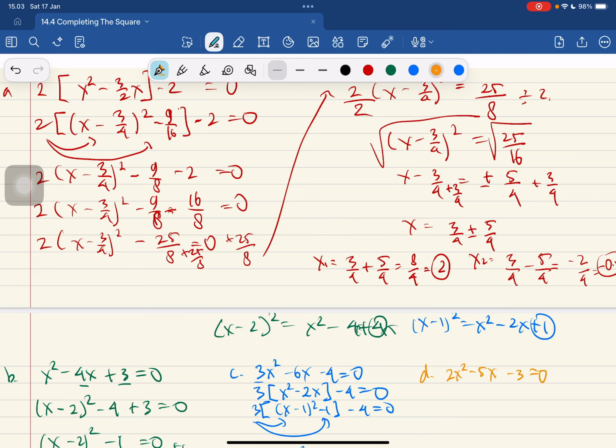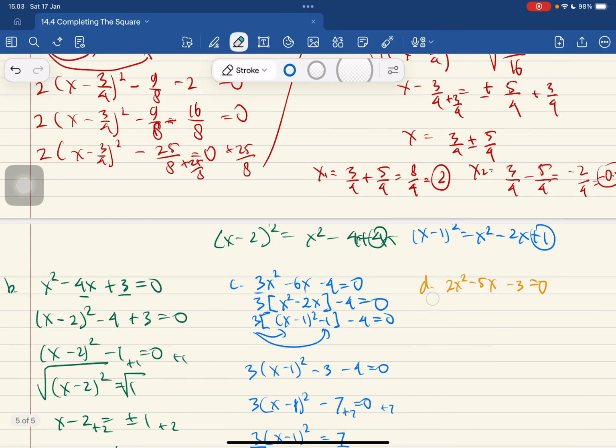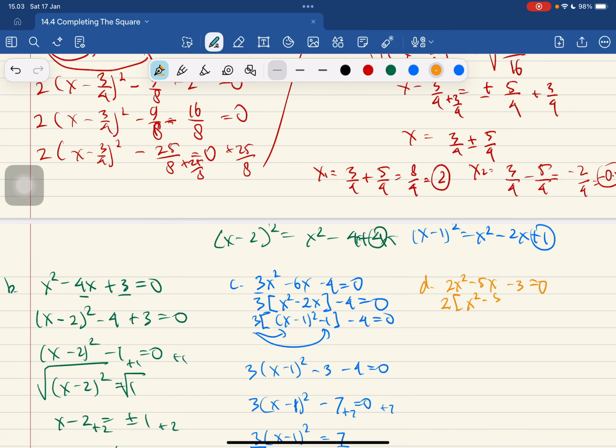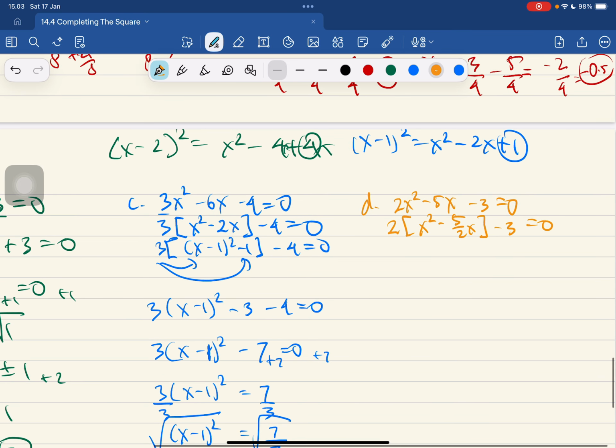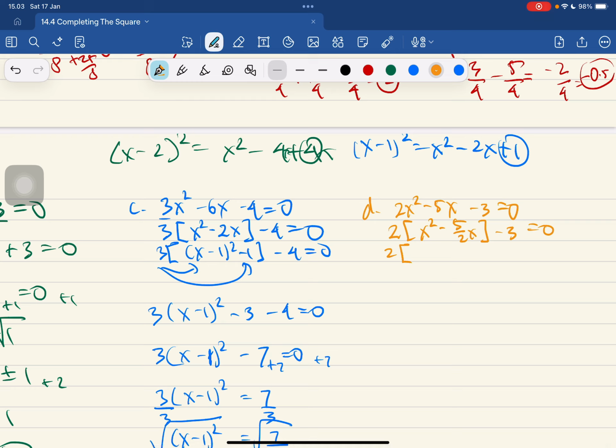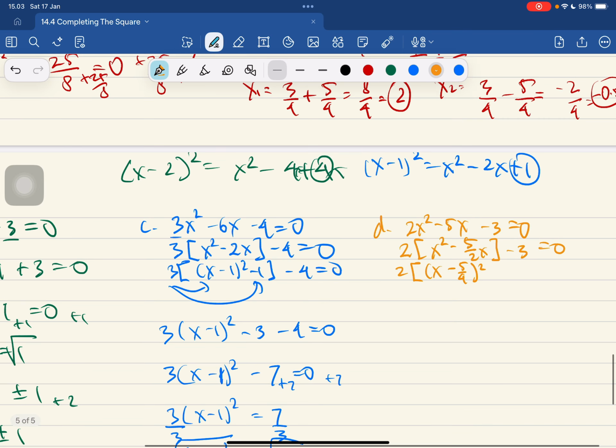Remember, the coefficient of x squared needs to be 1, so we'll factorize it. Take it to here, so the bracket is going to be x squared minus 5 over 2 x minus 3, and we equal to 0. As we factorize inside the bracket, it's going to be x minus 5 over 4, because we make it a half. We'll close the bracket. So what is the number that we don't want?